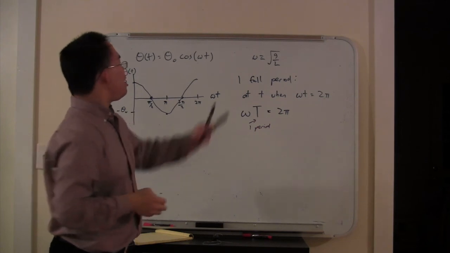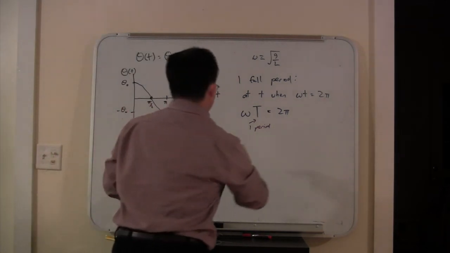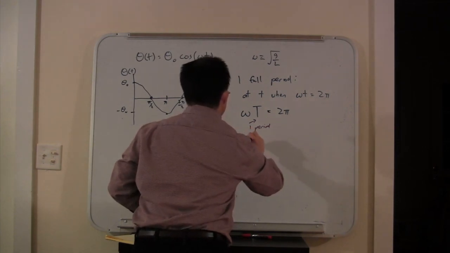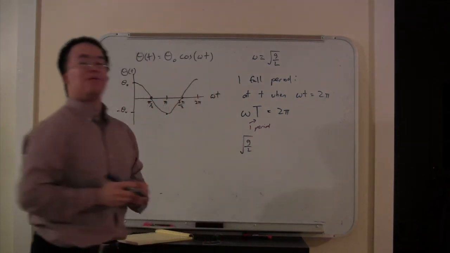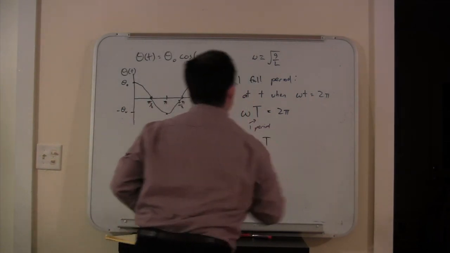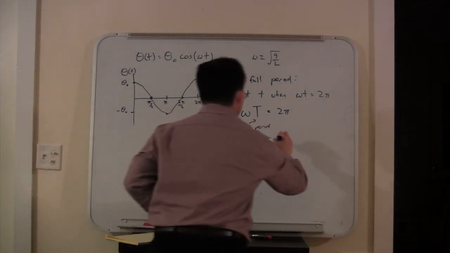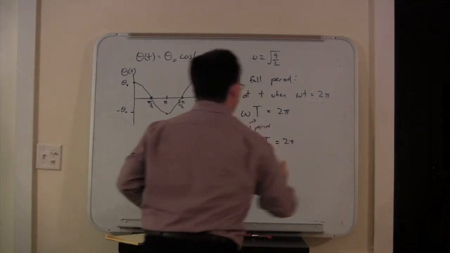Well, now I just need to plug in my omega over there. So if I have my omega, which I defined as the square root of g over L, multiplying my period, capital T, equaling 2 pi.